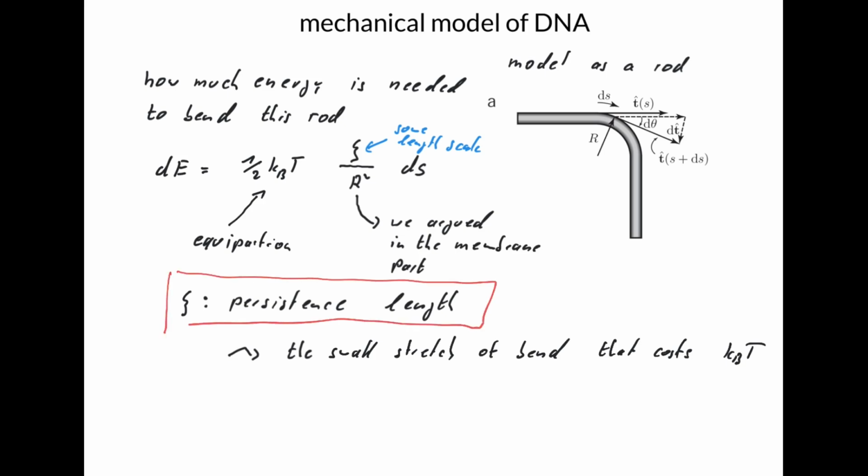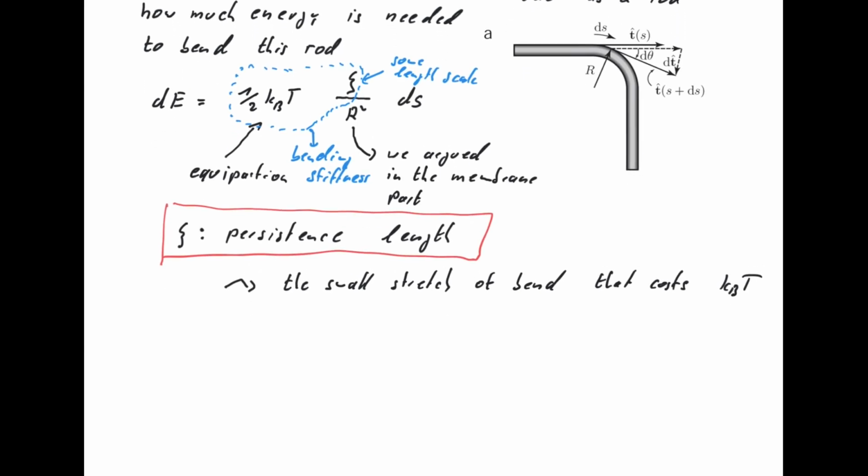Just for our physical interpretation, the persistence length is the small stretch for which the bending energy at a given radius of curvature is equal to kBT. So we could ask now, what is the total energy if I'm given such a rod to bend the rod by 90 degrees?